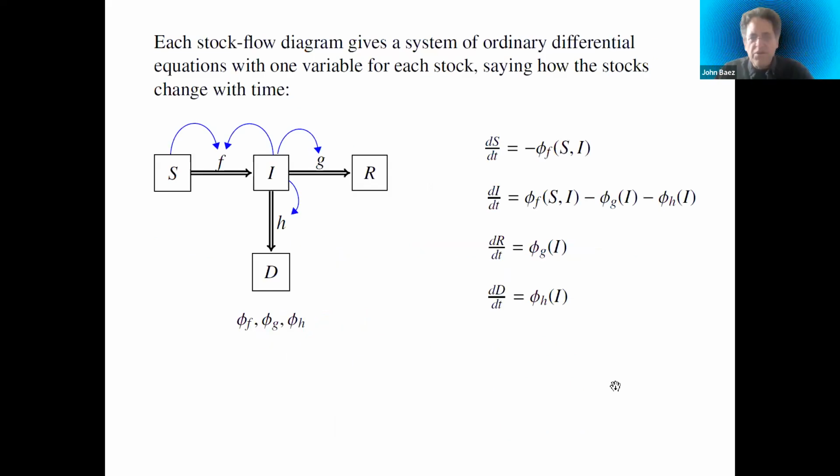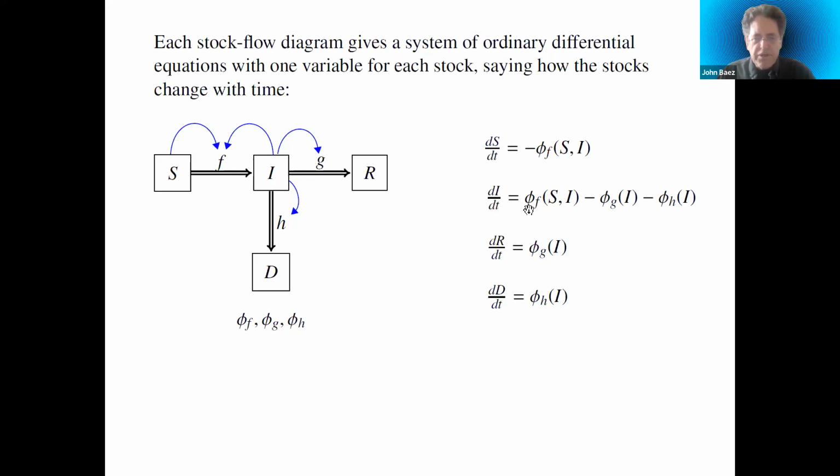Now, each stock flow diagram gives you a set of ordinary differential equations having one variable for each stock, which say how the stocks change with time. So there's a systematic procedure to take one of these stock flow diagrams and read off a set of differential equations. Let's just do one example here. How does the number of infected people change with time, dI/dt?